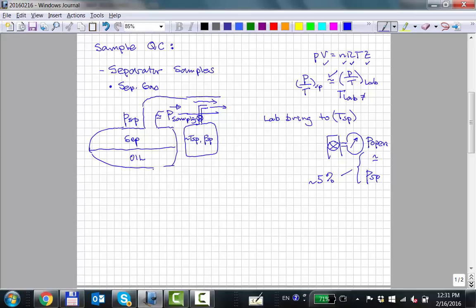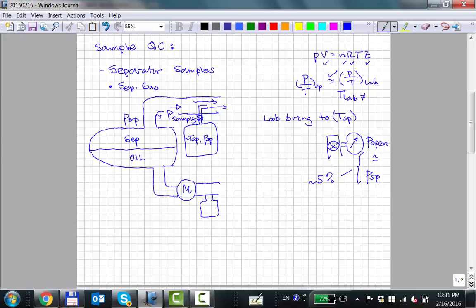Now, the oil comes out here. I guess it goes through some kind of a meter, and then I think we collect the sample downstream of the meter. Maybe it's upstream, I'm not real sure. So this is our separator oil sample.